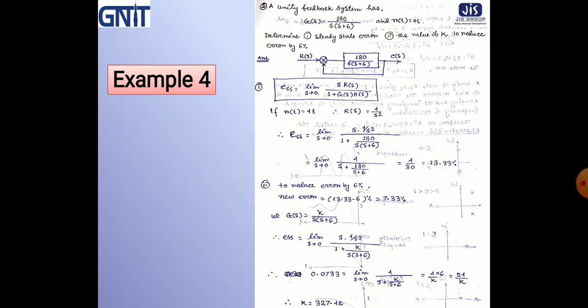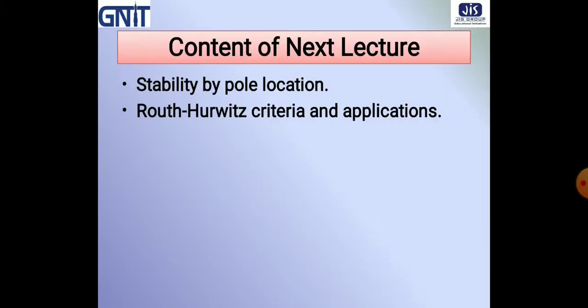If we apply this new error in the steady state value, then we can easily calculate the value of K, that is K is equal to 327.42. That is our new gain of the system. If we apply this gain value, then the error will be reduced by 6%.